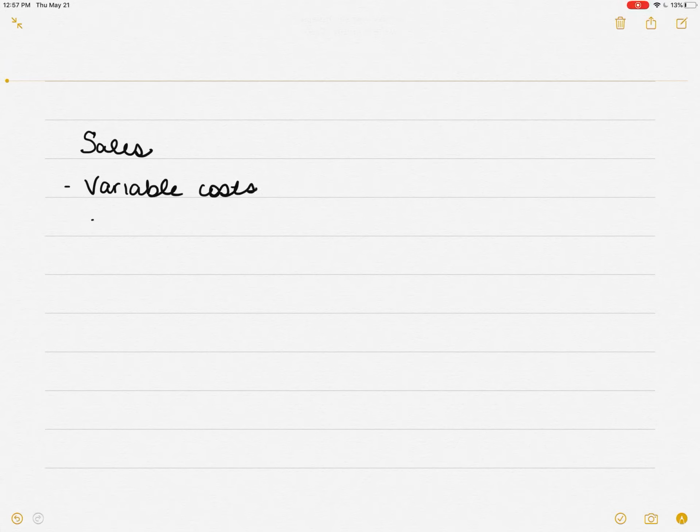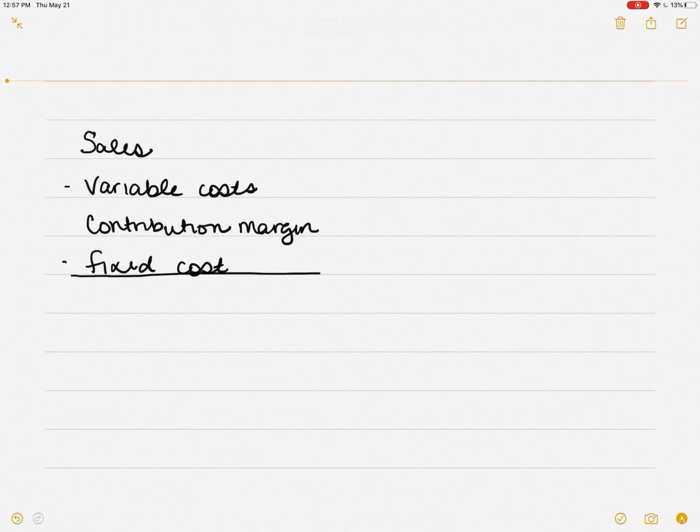This is going to equal our contribution margin. We subtract out then our fixed costs, which will then equal our net income.